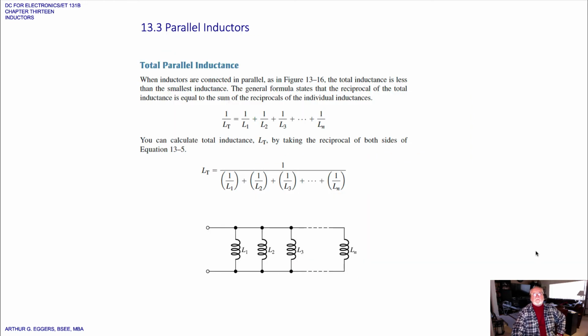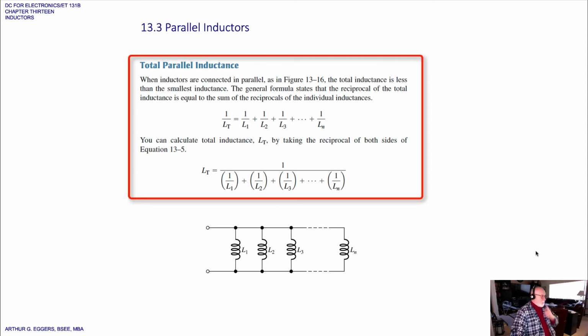So pretty simple. Parallel. For parallel inductors, we have to look at it like that of parallel resistors. Again, they've made it pretty easy on us. When inductors are connected in parallel, the total inductance is less than the smallest inductance.